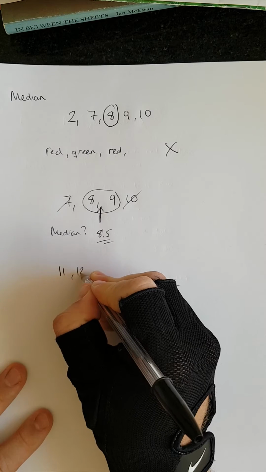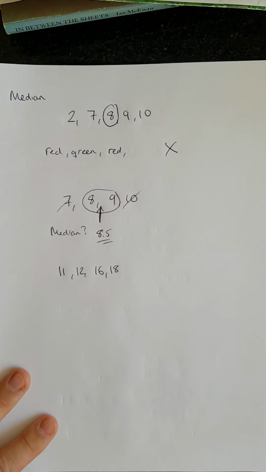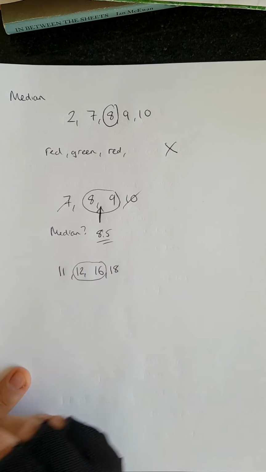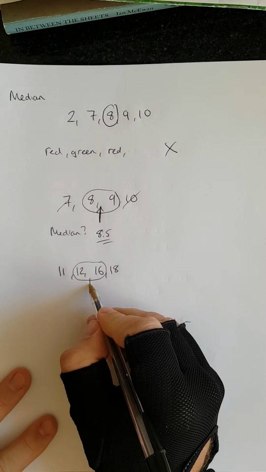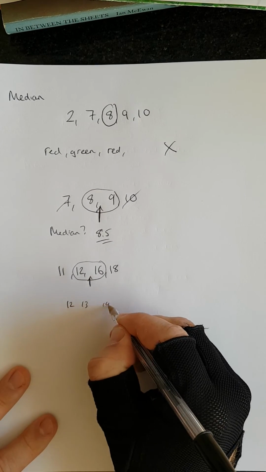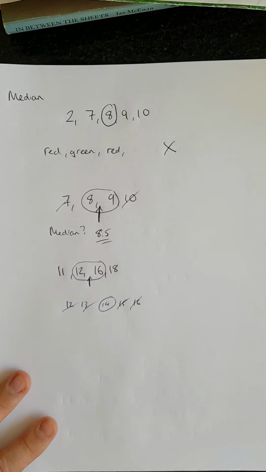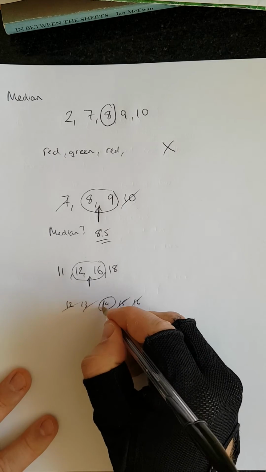What about these numbers? So it's between these two. And what number is halfway between those? So sometimes you'll want to write it out to see the list. 14 is the median.